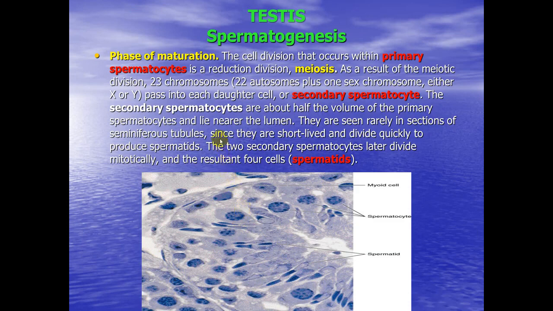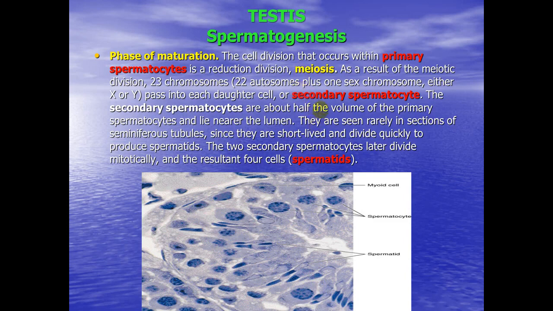Next, the third phase of spermatogenesis gets the name phase of maturation. During the phase of maturation takes place the reduction division, which is called meiosis. Primary spermatocytes divide by meiosis, passing 2 phases of meiosis.